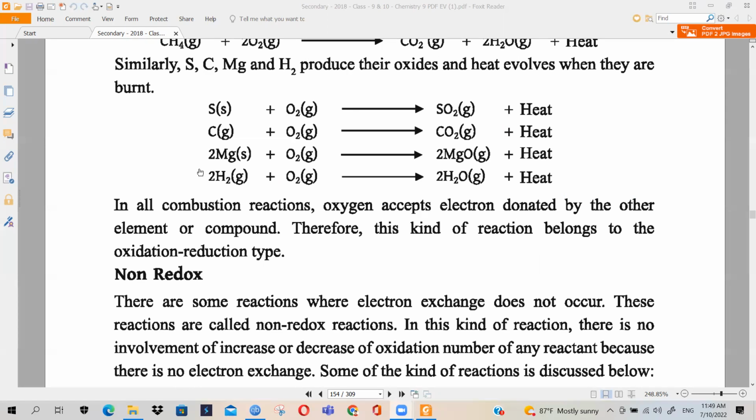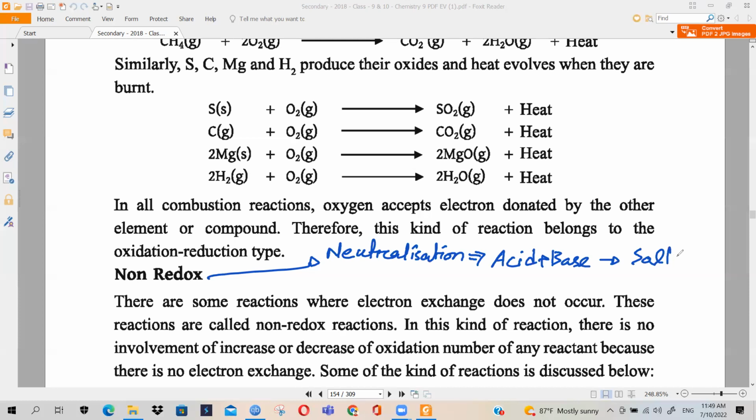And another one is precipitation reaction. So we will study neutralization reaction first. The basic form of it is acid plus base forms salt plus water.